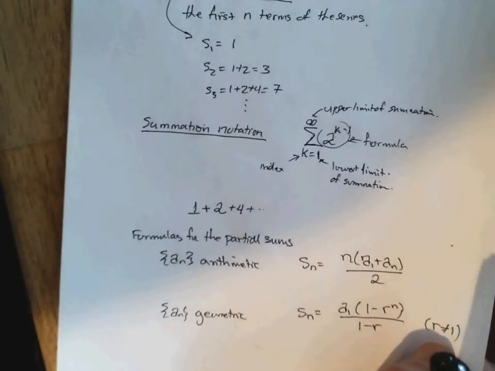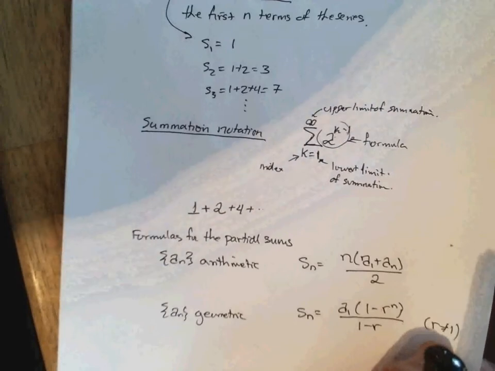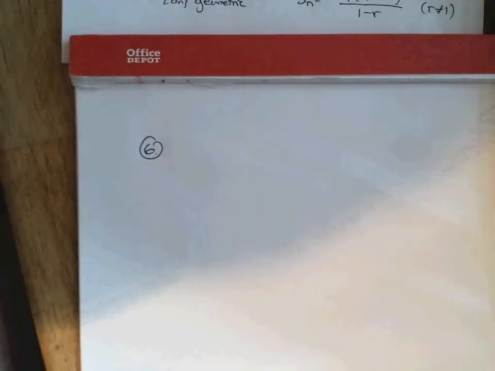Now, let's take a look at some of the exercises and see what we can do once we understood this summation notation and such. So let's start with problem number 6, where we're asked to express the description using summation notation.